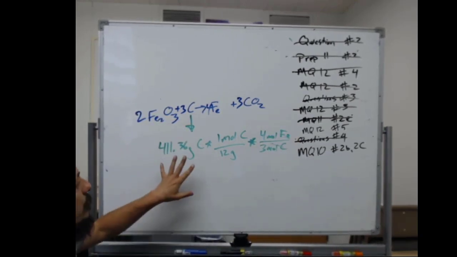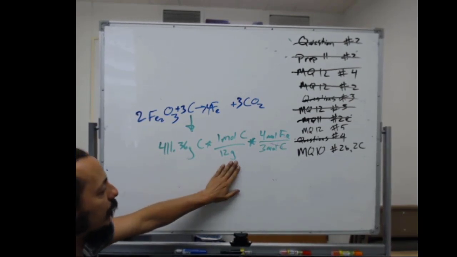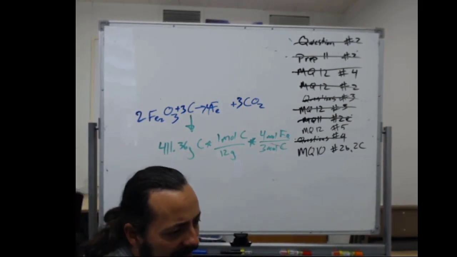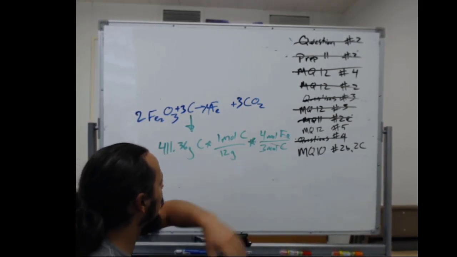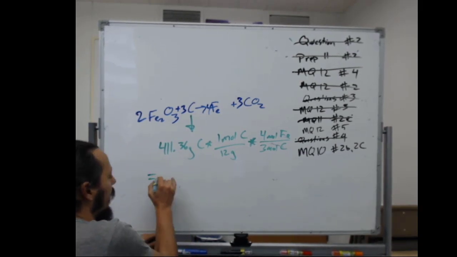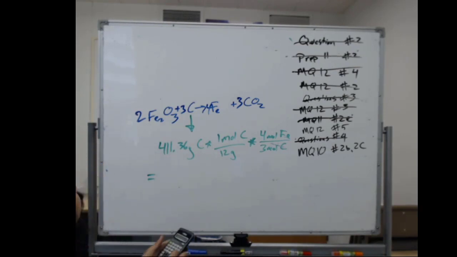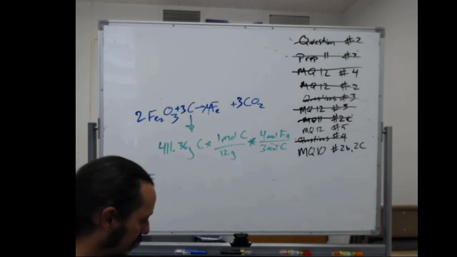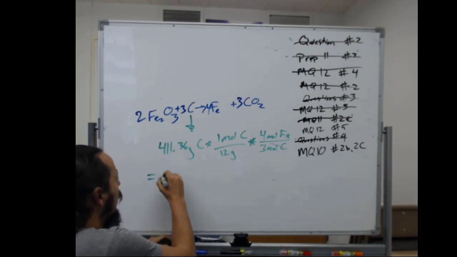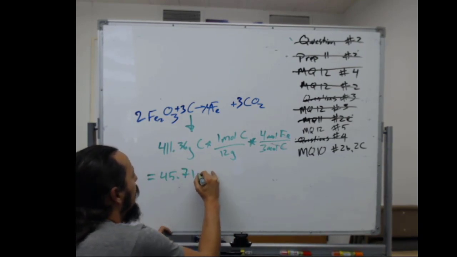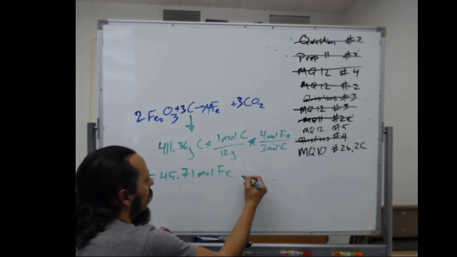So we've got our measurable mass, molecular weight to convert to moles, mole ratio to convert to moles of product, and then it asks for grams of product, but I didn't give myself enough space, so we'll do that in a moment. Punch it into the calculator. 411.36 divided by 12 times 4 divided by 3 gives us 45.71 moles of iron.